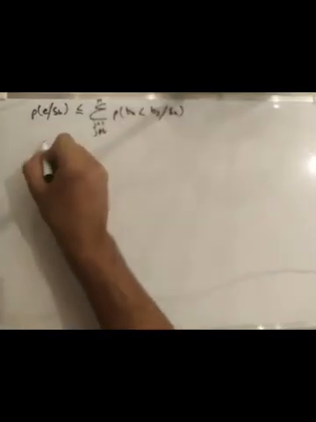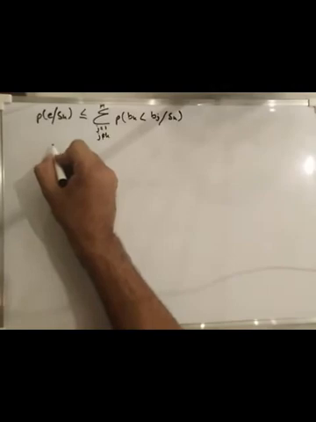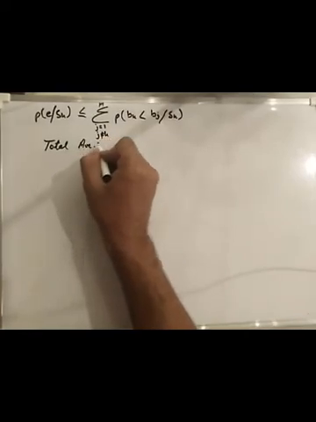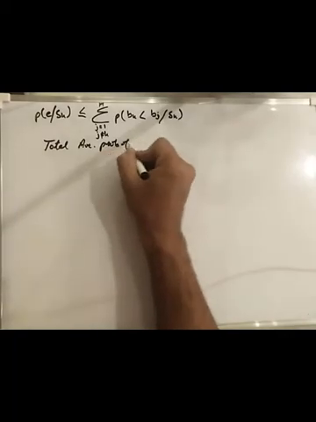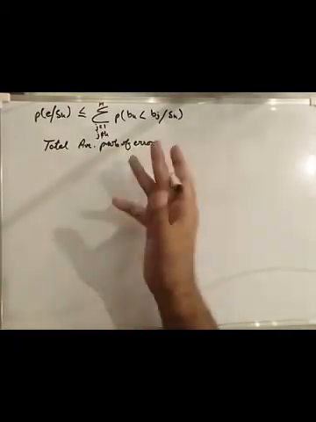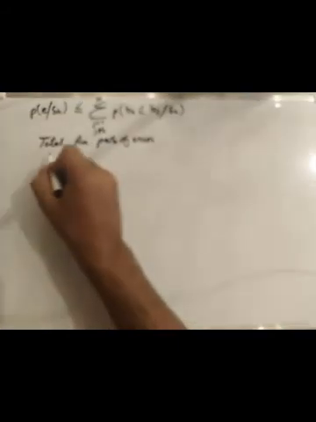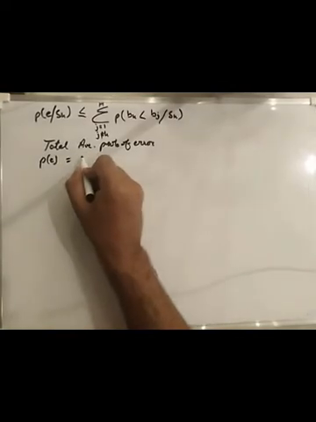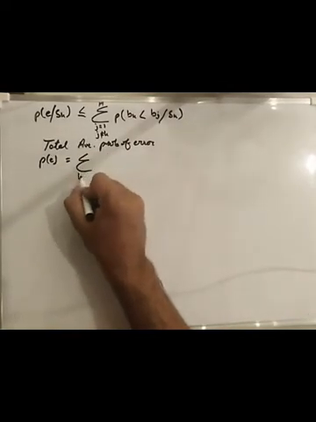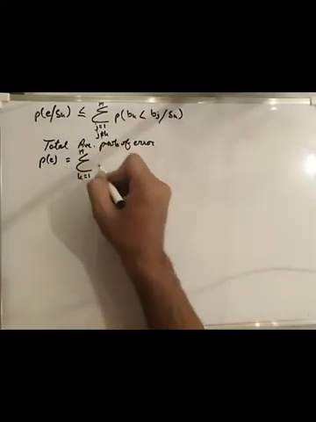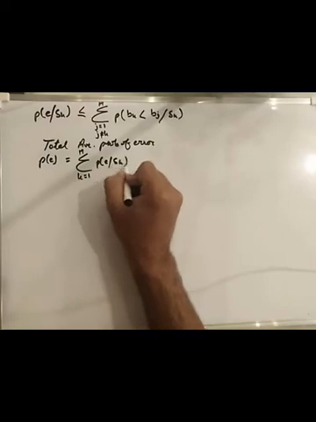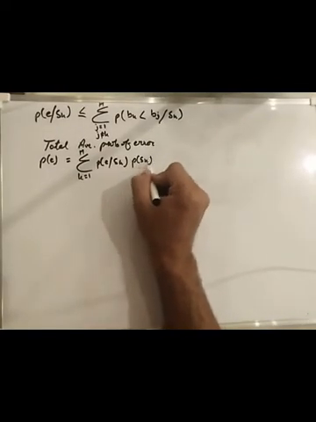Let's compute the total average error probability, using the same formula as we used in the previous lectures. We have probability of error equivalent to the summation from k equals 1 to the Mth signal class of probability of error given Sk times probability of Sk.